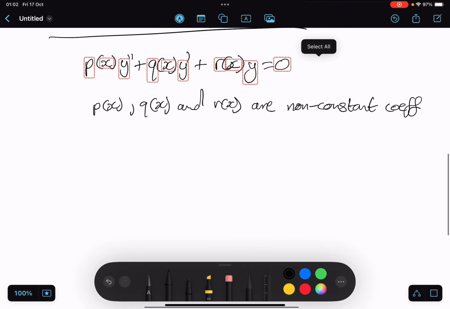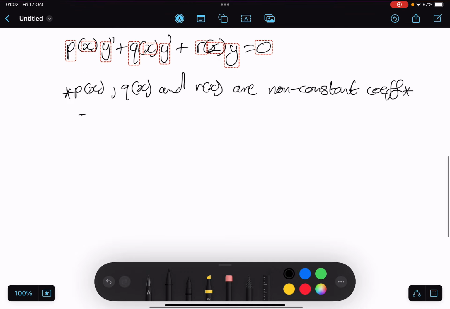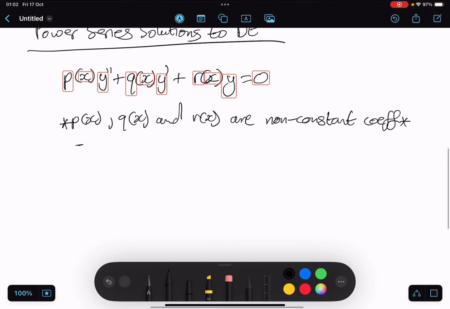So if you're given a differential equation with non-constant coefficients, this is one way you can see that you can apply the power series solution.